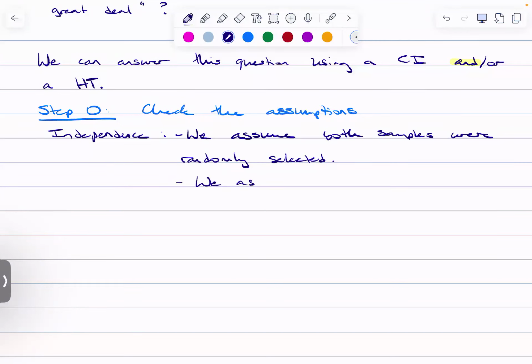We assume Duke students and US adults selected are independent of each other.